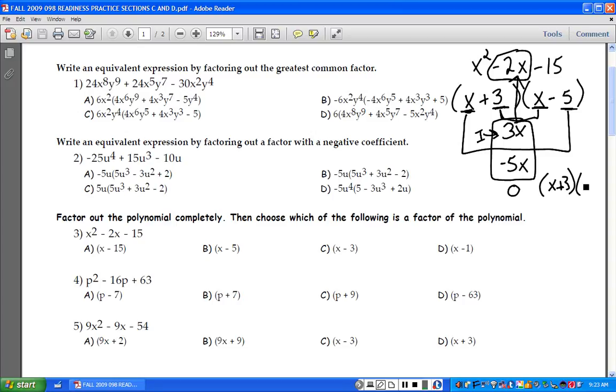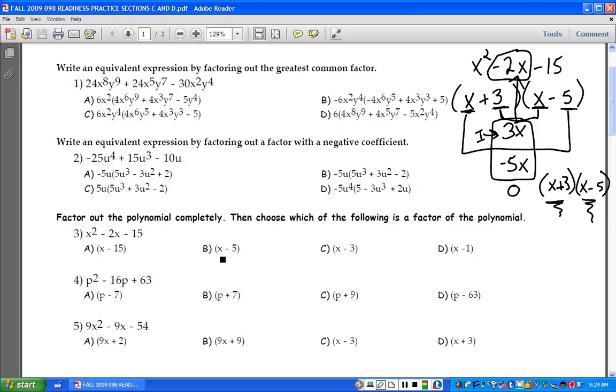times x minus 5. Alright, so what we want to do in number 3 is look for one of these two. Since they're only giving us one factor as a choice to pick, we have to see which one of these two factors is given to us. Alright, x minus 15 is choice A. That's not one of the two factors we have over here.